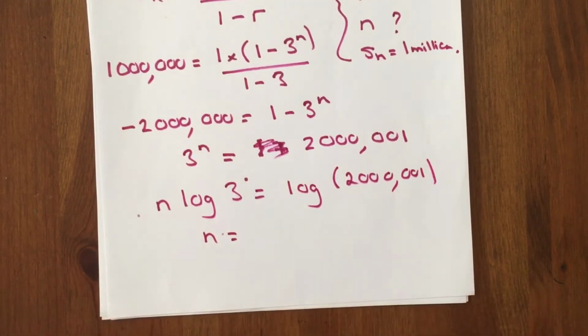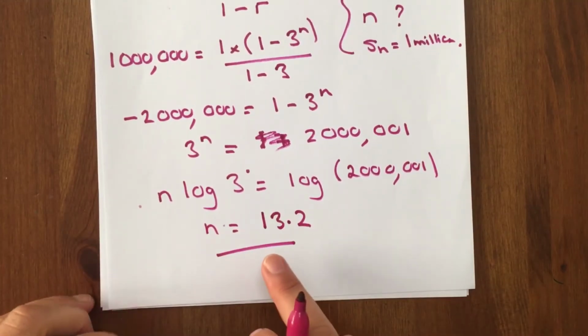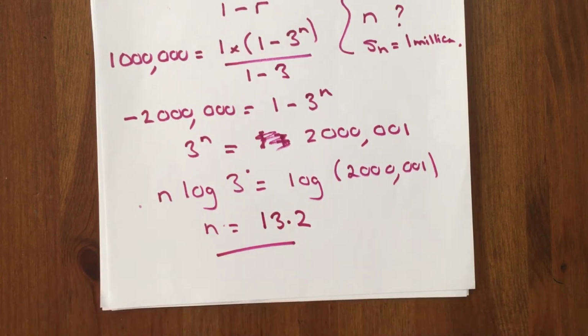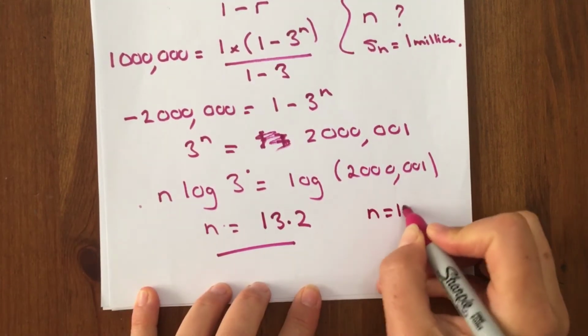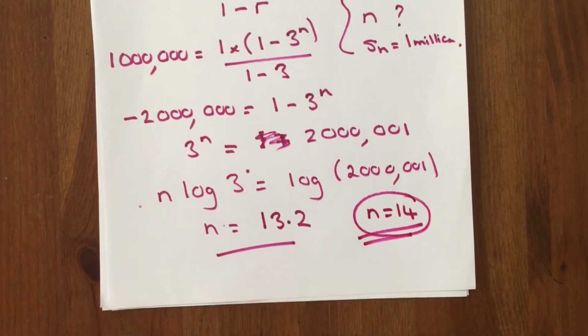If you put that onto your calculator, you will get 13.2 for n. So if n is 13, your sum will not quite reach 1 million. So my answer is the smallest value of n for the sum to exceed 1 million will be 14.